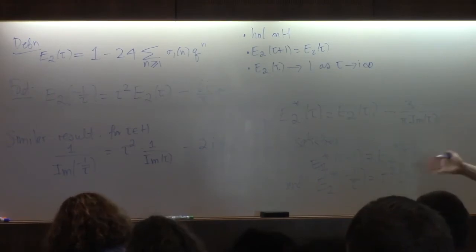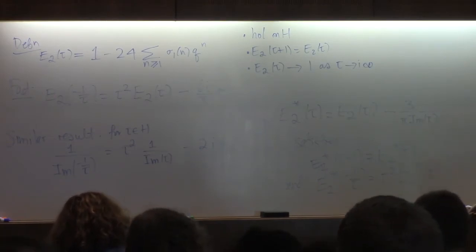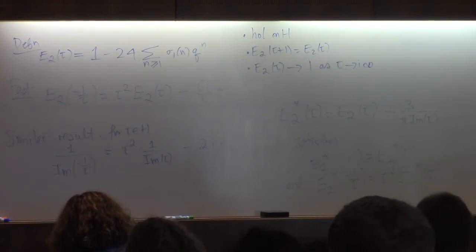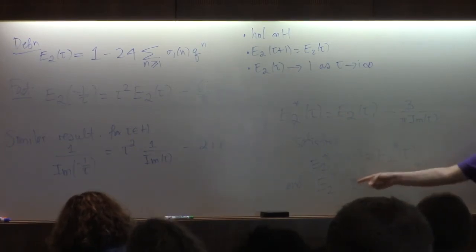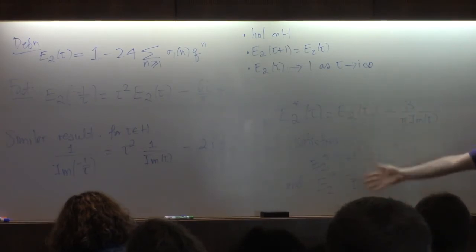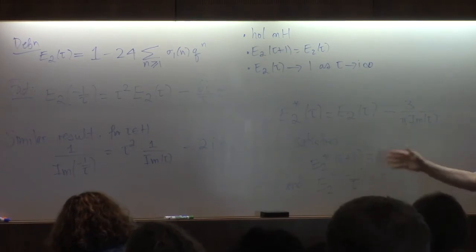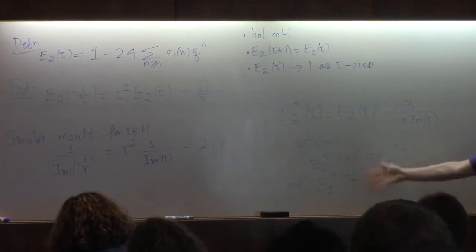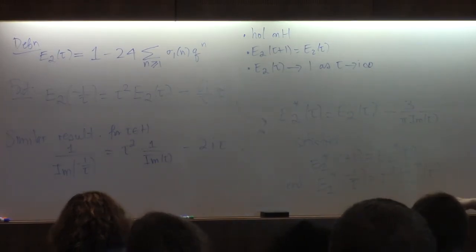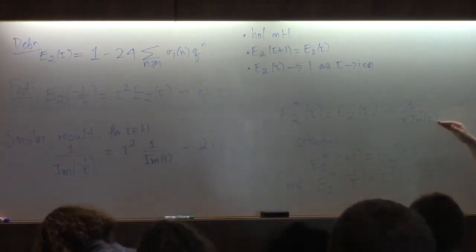And so it exactly satisfies the modularity condition for weight 2 at the matrices (1, 1; 0, 1) and (0, -1; 1, 0). This function E2 star satisfies the modularity condition for weight 2 for all the matrices in SL2Z, because it works at the 2 generators. And when tau goes to infinity, this goes to 0, this goes to 1. Beautiful. So E2 star seems to be a modular form of weight 2.